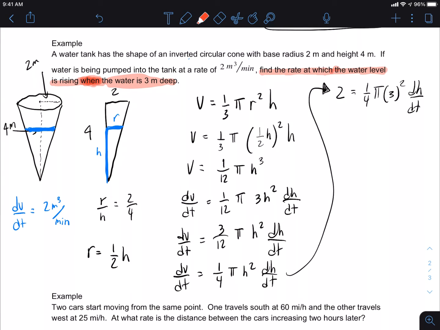This dh dt here is the rate of change of the height of what? The water. Because what would be the rate of change of our cone? 0. Perfect. The cone's height is fixed. The physical cone that has the water isn't going to change.